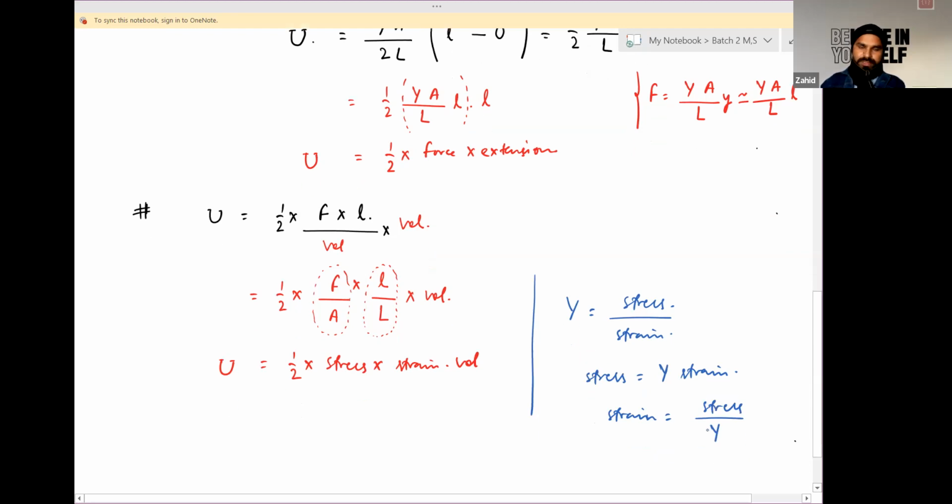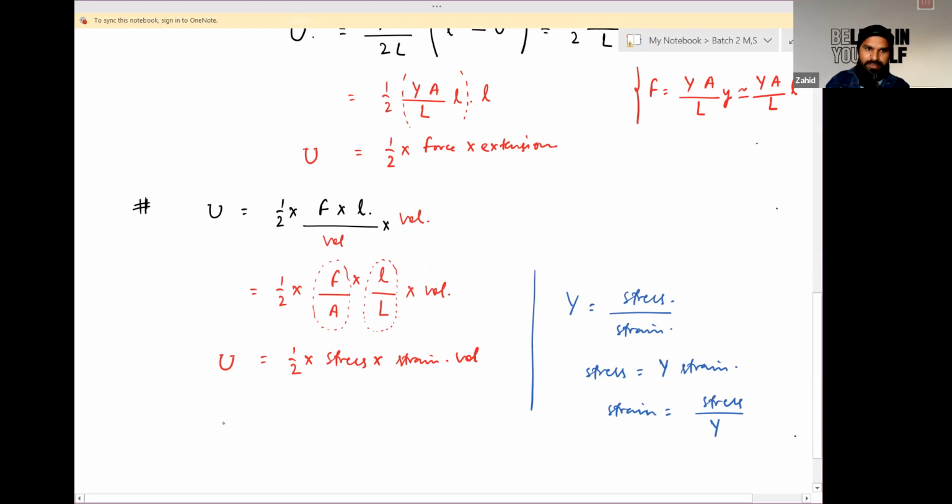If you put these two expressions in this part, you will get potential energy equals half Y times strain squared into volume, or half times stress squared divided by Young's modulus times volume. So according to the given terms in the question, you may use these different formulas to find potential energy stored in the wire. Is it clear?